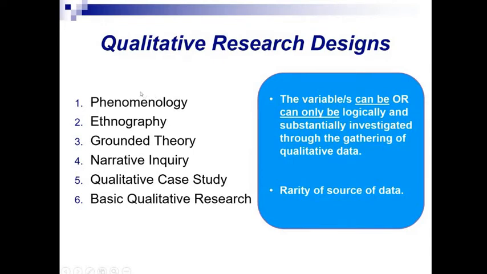And we have to realize that the data we collect from these designs are considered to be rare, okay? So there is rarity of source of data because the people that we study in these research designs are considered to be special. That is why we call them a special population.